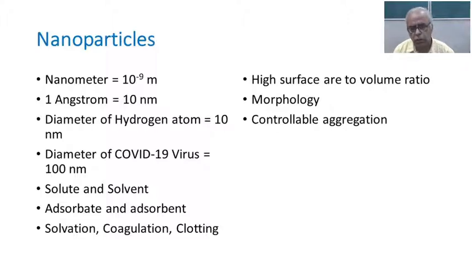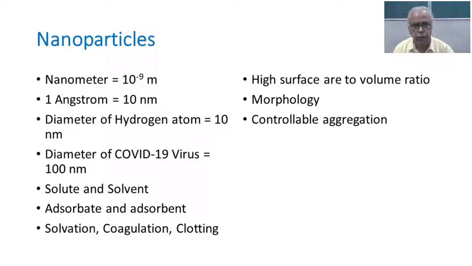Similarly, in the case of dispersions, these can be classified into three. One is true solution, another is suspension, where you can have clay particles, and these dispersed particles can be seen visibly with the naked eye.